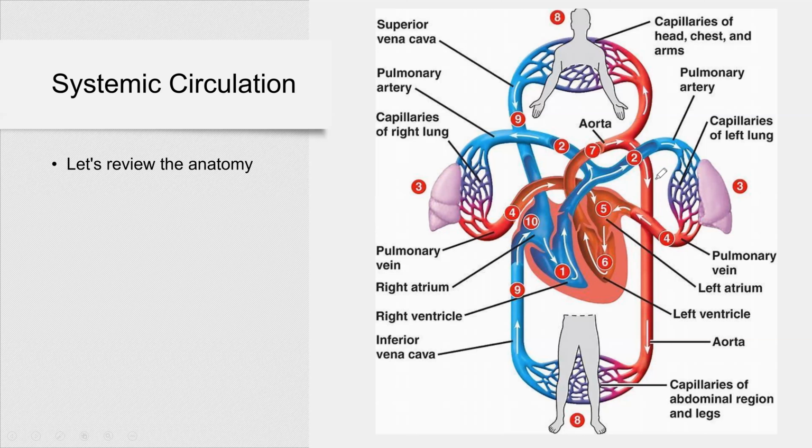And the aorta goes down and you will have lots of blood vessels branching from the aorta, bringing blood to your torso and lower part of your body.